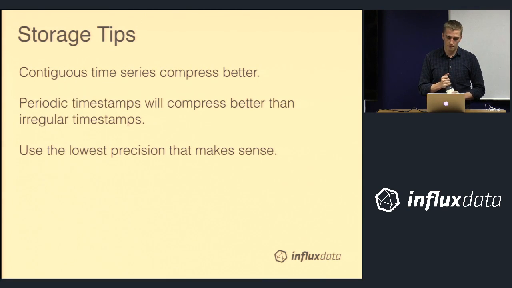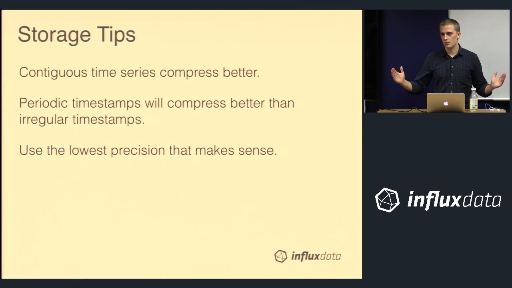And then, contiguous time series themselves also compress better. So it could be used as another argument to keep the number of series you have down as much as possible.